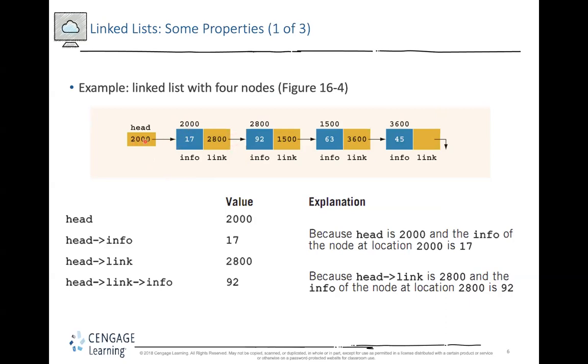In this case, the first one is 2000, which points to the next one, 2800. And if you use the expression head->link->info, that means you're accessing the link field of this node, which actually points to this node, and then you're accessing the info field of this node, which is 92.